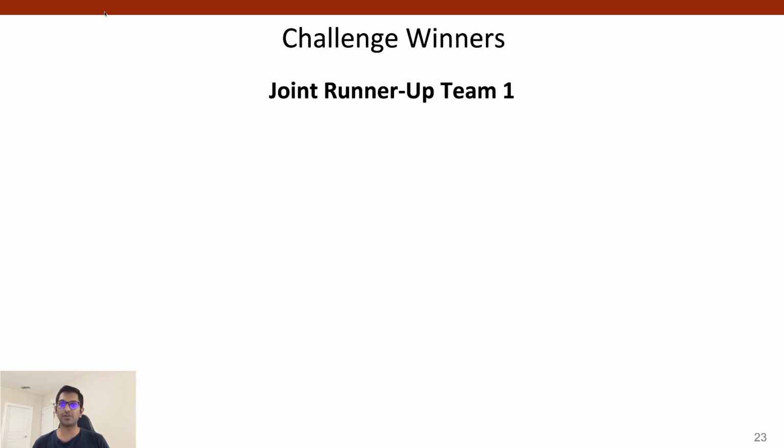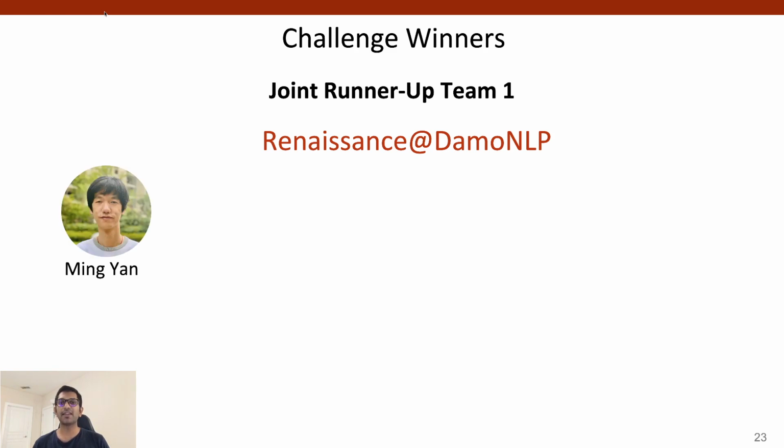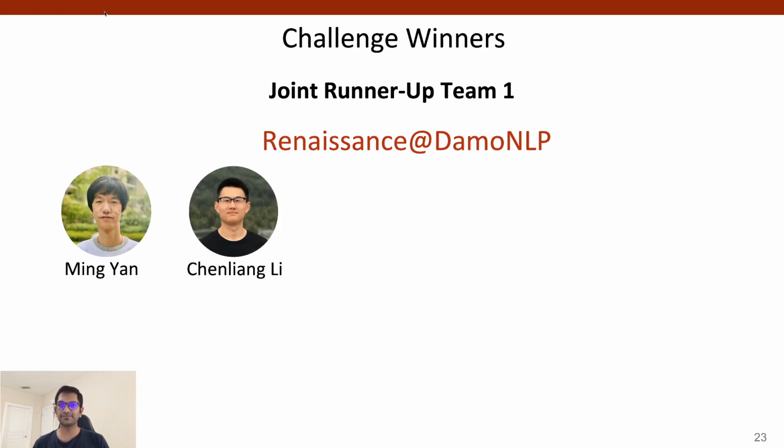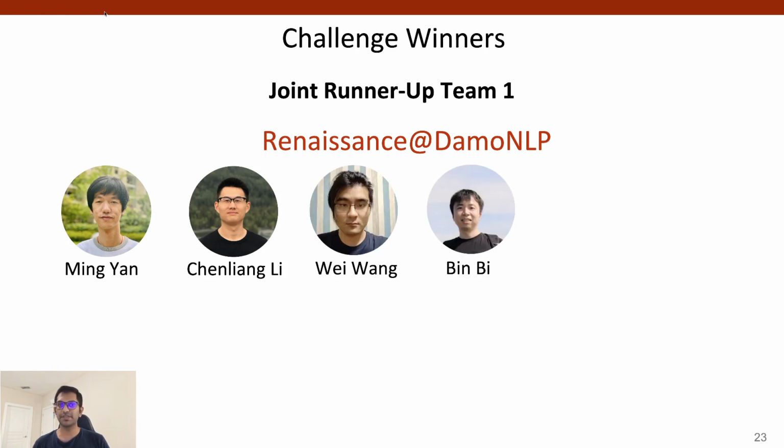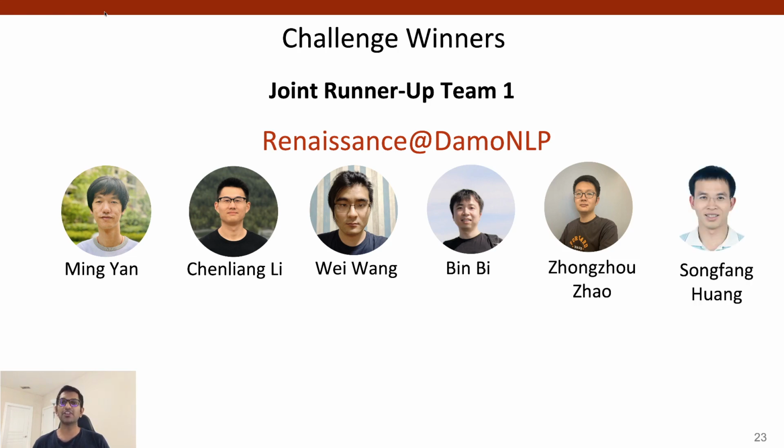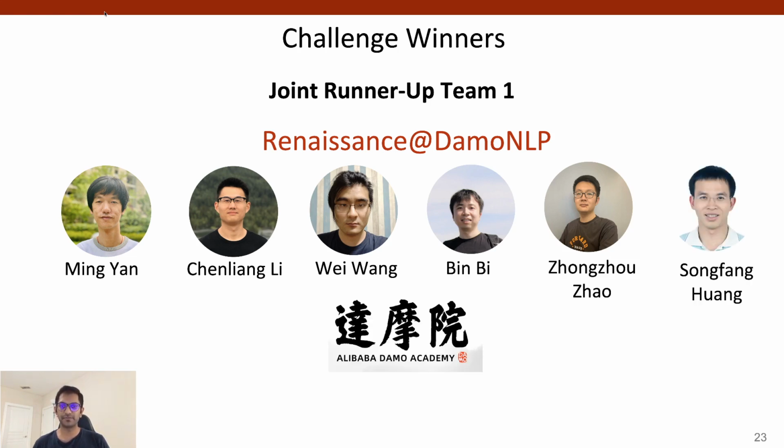Now I am going to announce the runner-ups. This year we have 2 teams who jointly tied for the second place. One of the 2 teams is Renaissance at Damo NLP, and their team members are Ming Yan, Chenliang Li, Wei Wang, Bin Bi, Zhonzhu Zhao, and Songfang Huang.